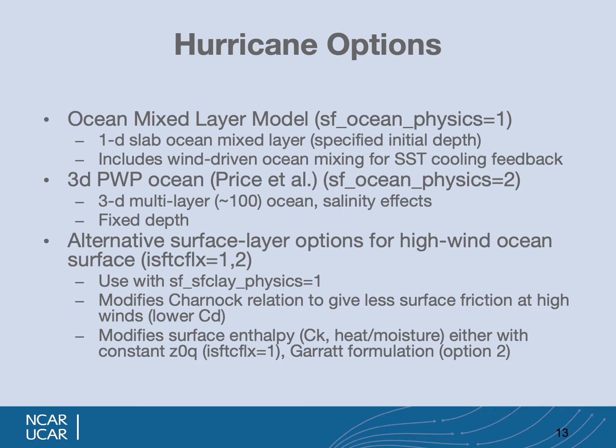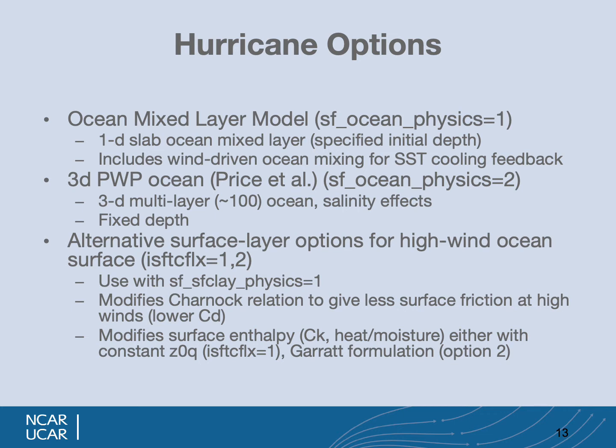We also have alternative surface layer options for high wind ocean surfaces called isftcflx, TC being tropical cyclone, mainly designed for use with hurricanes and with surface layer option 1. These modify the Charnock relation, which relates the roughness length to the wind speed for strong wind conditions. In fact, the modification is to give less surface friction at high winds, because the Charnock relation gives you too large a roughness length compared to observed hurricane-strength roughness lengths.